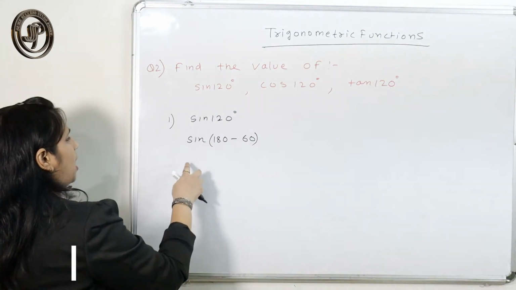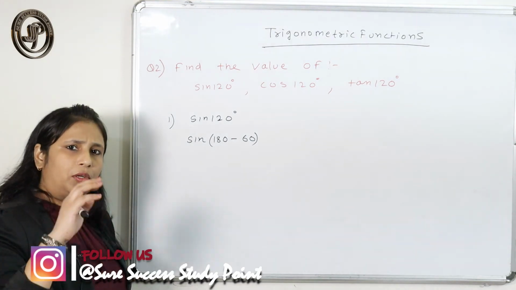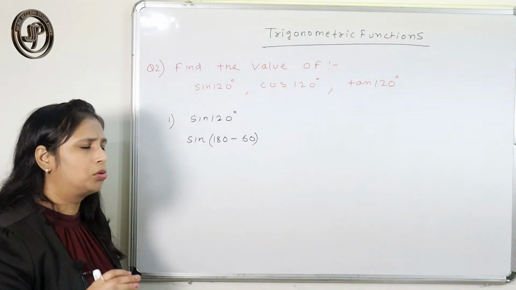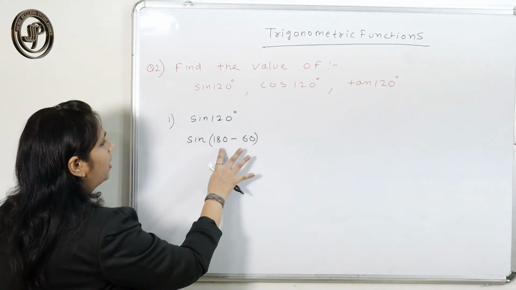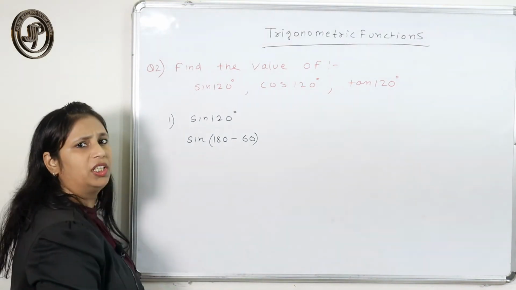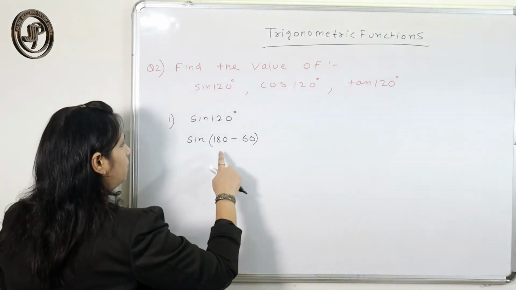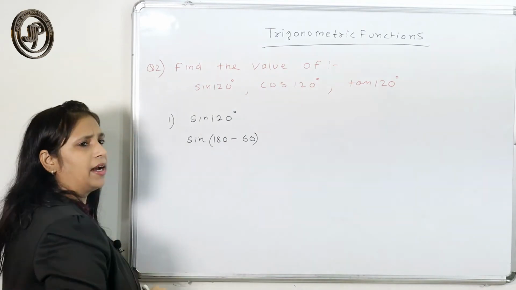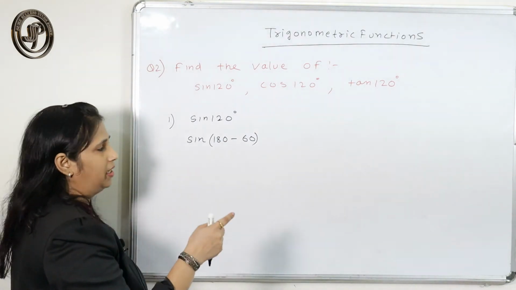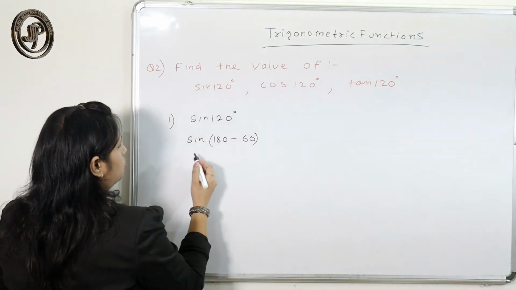So here the sine will remain as sine. You need not memorize those things, so that becomes easier. That's why I am using 180 degree here. Otherwise I can do this question by using 90 the other way also. Just do this first.